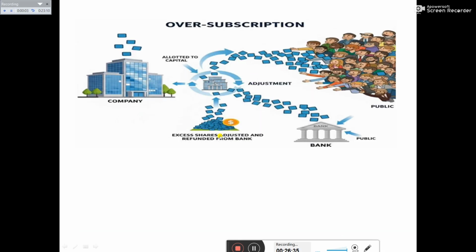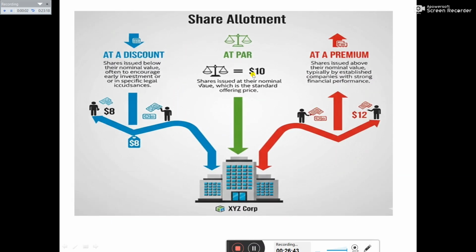Here the company may issue shares at the face value itself, at par. Shares issued at their nominal value, which is the stated offer price. Whatever value was stated at the time of receipt of applications, the same value they issue, that is what we call at par.